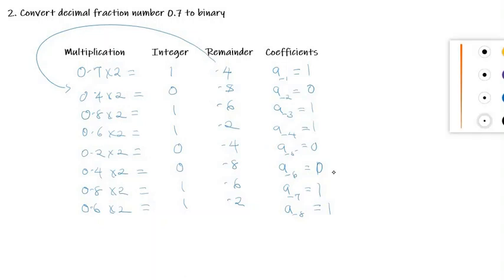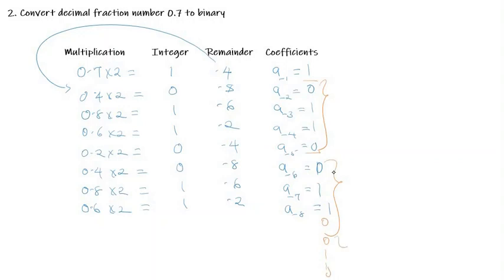Notice one thing: the process will keep on repeating itself, and it will repeat itself indefinitely in the exact same way, that is, after every 4 steps. For example, from here all the way to here. Then we repeat another 4 steps, 0, 1, 1, 0, and it will repeat the same way indefinitely.